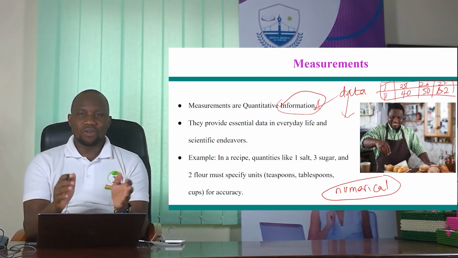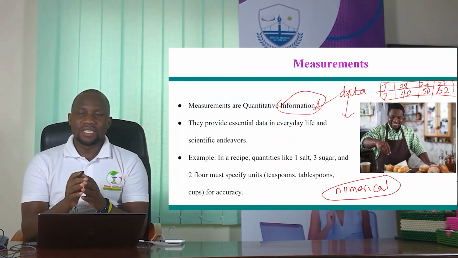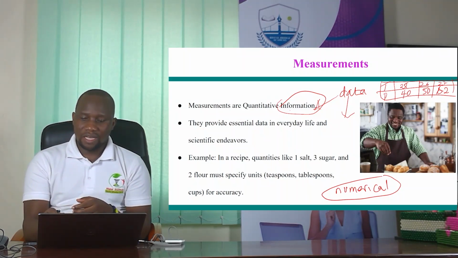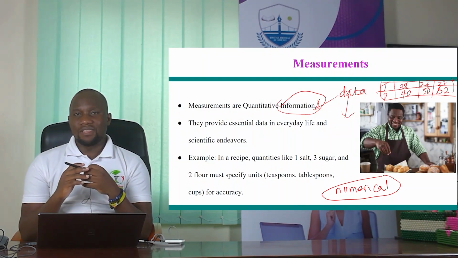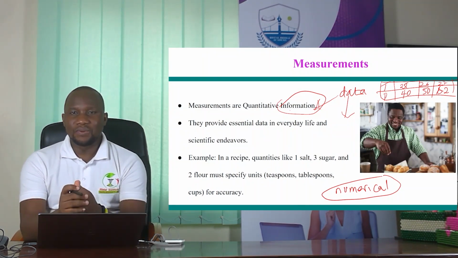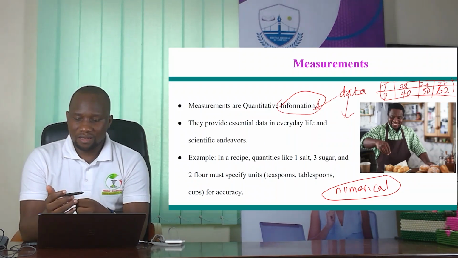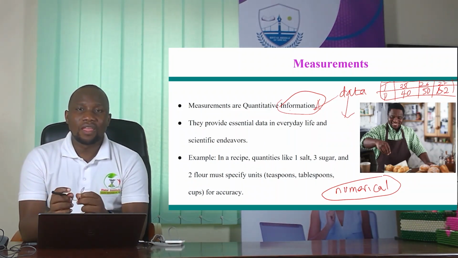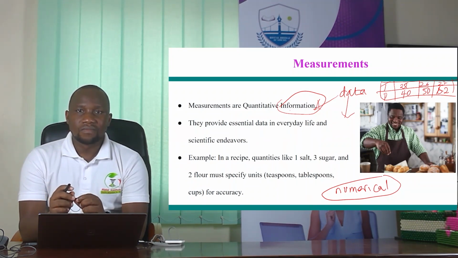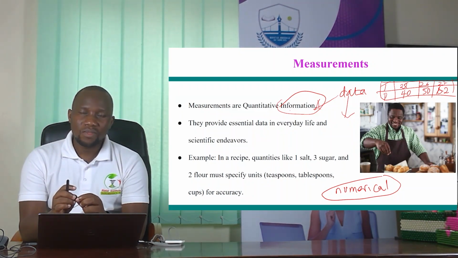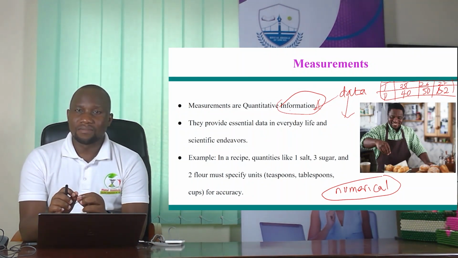So we are saying that when we collect measurements, these measurements are quantitative. They are numbers, so they are numerical. And for example, in our daily lives, we actually rely on these numbers a lot to make decisions. For example, if you're going to make a cake at home, you need to know how much sugar you have to put, how much baking powder you are going to put in there.